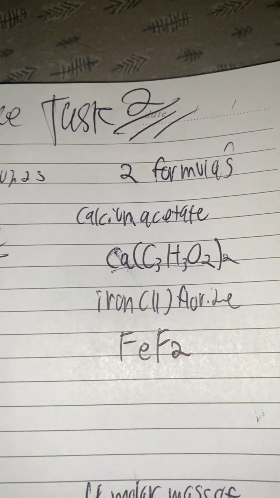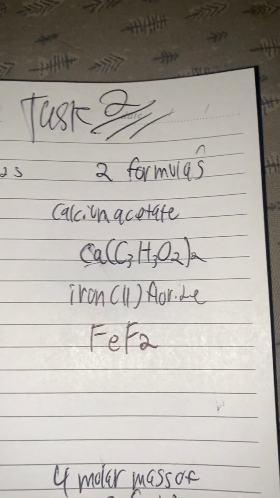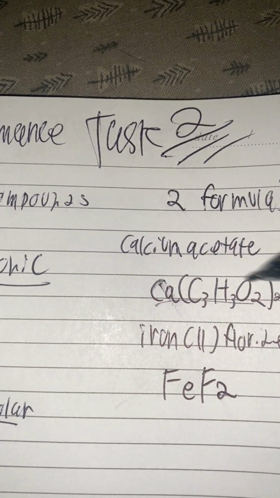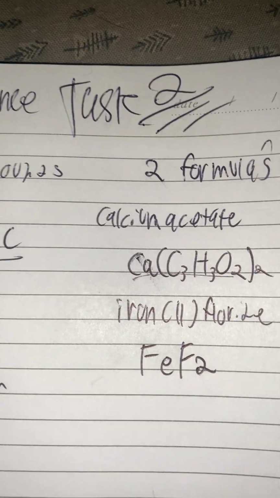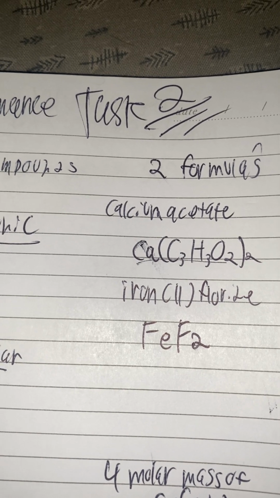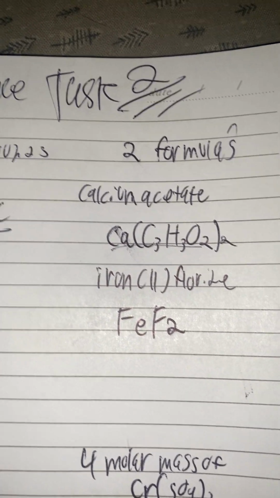Now I'm going to be moving on to why these formulas are called that way. Oh wait, not why they're called that way, why their formula is what it is. And so calcium acetate's formula is Ca(C2H3O2)2.